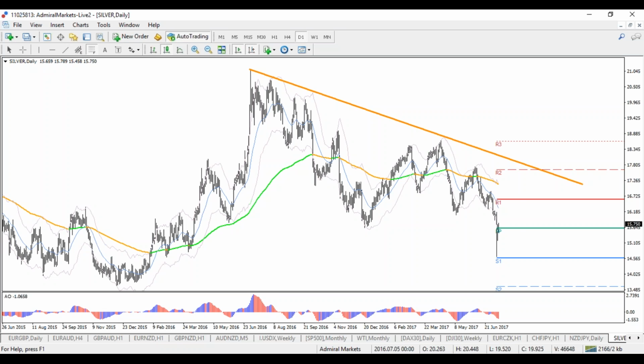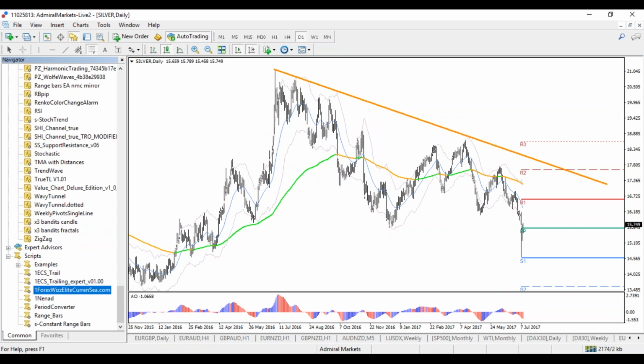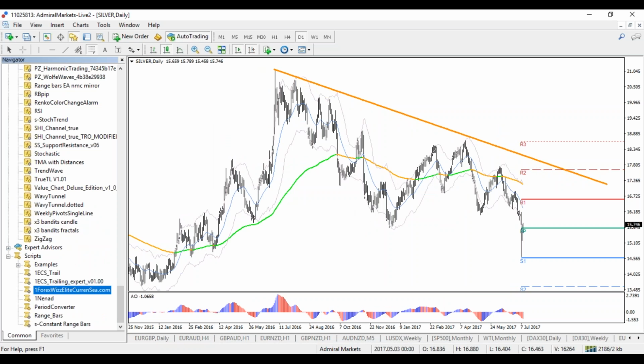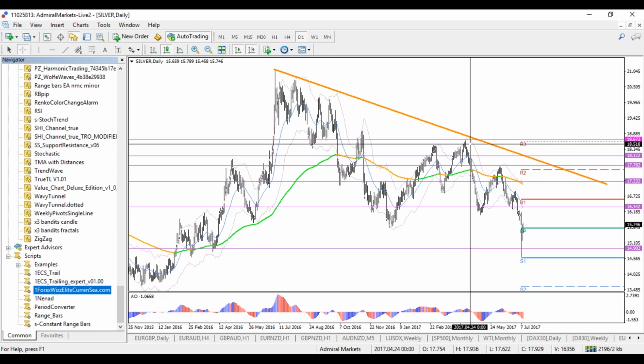So the Wiz tool, if you have it, for instance, here, and you're looking for downside targets, you click on sell, and the levels are on the chart. Once the levels are on the chart, if you want to redraw them, these levels will stay there as long as you don't do anything. If you want to get rid of them, the best is just to use the template again. Click the template you want, and it will automatically default to what you have as a template. That's the best.